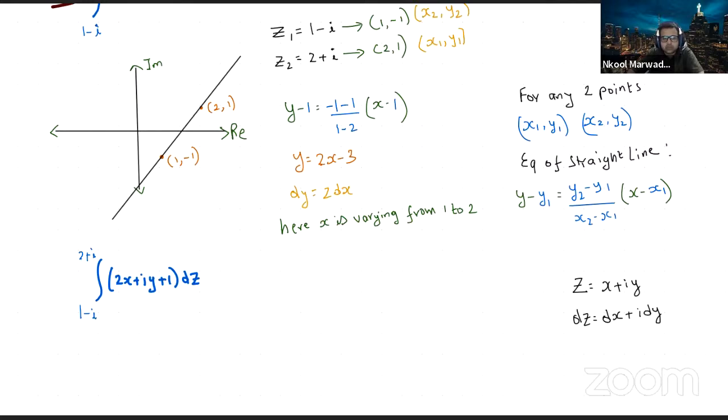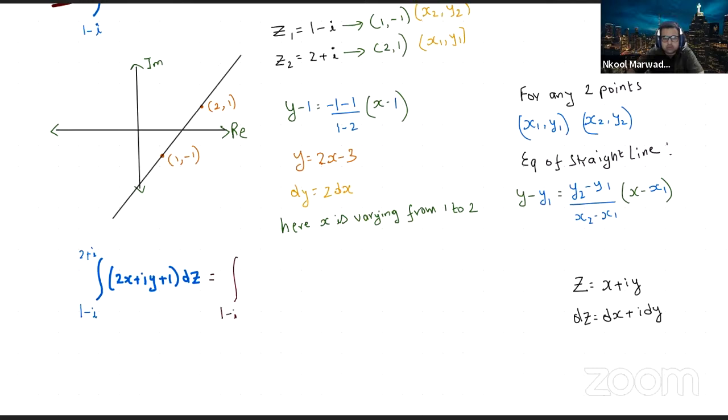So see, this inner function, 2x plus iy plus 1, for now we can keep it as it is, with limits 1 minus i to 2 plus i.